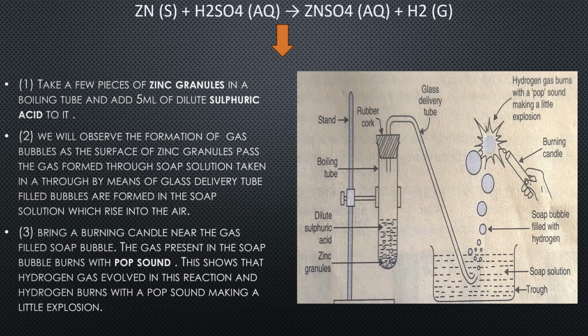Now this tube is connected with a delivery tube into a trough that contains soap solution. And when these two are mixed, a gas is evolved. How can you find out that a gas is evolved? You will see bubbles that are formed inside the soap solution. It means some gas is coming out of this delivery tube.